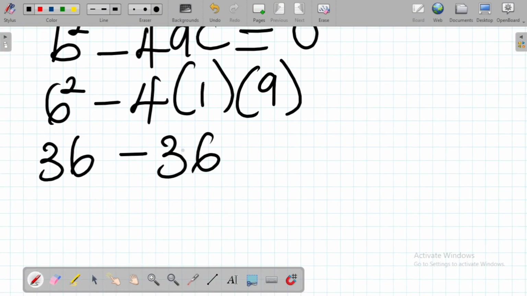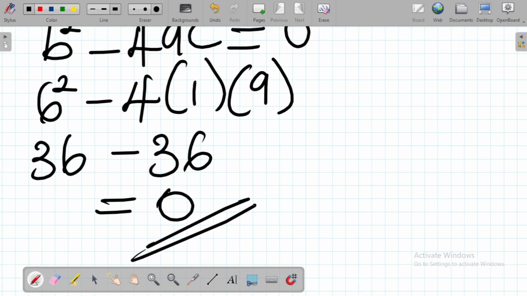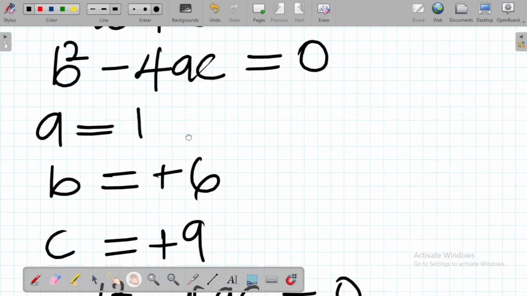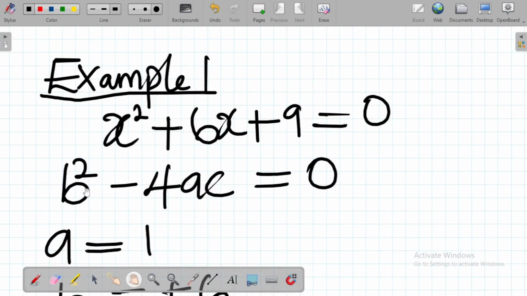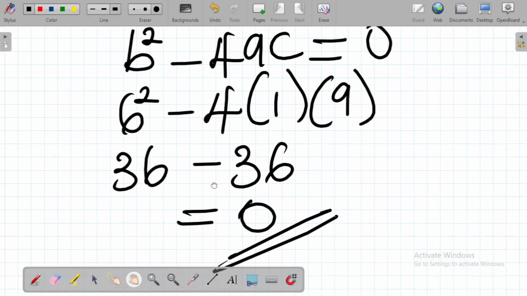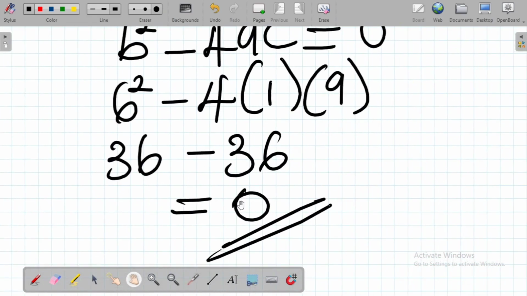So 36 minus 36 is 0. So this is our answer. Now remember, for the roots to be equal, b squared minus 4ac must be equal to 0. So here, it is equal to 0.